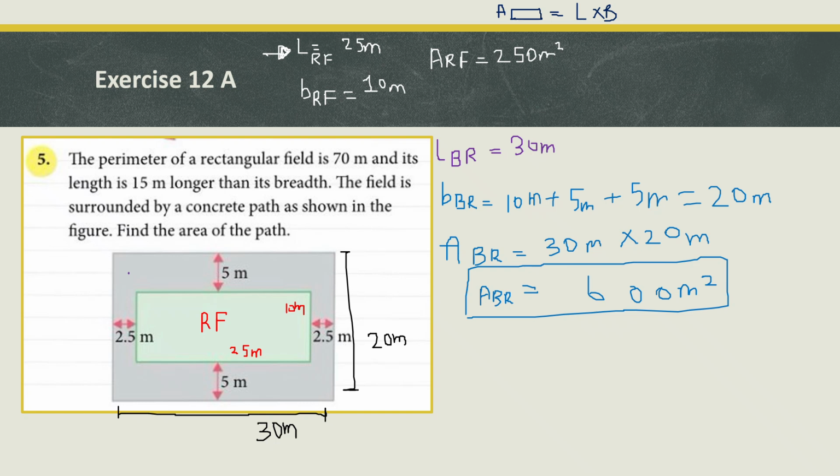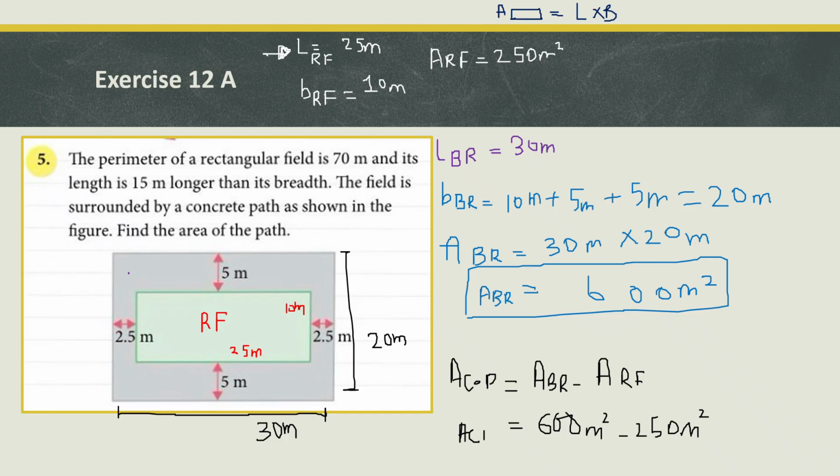So we have to find the area of concrete path. It means that area of concrete path, CP, is equal to area of big rectangle minus area of rectangular field, that is equal to 600 meter square minus 250 meter square.